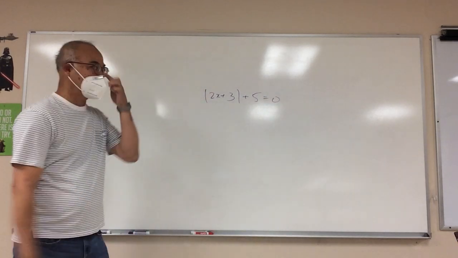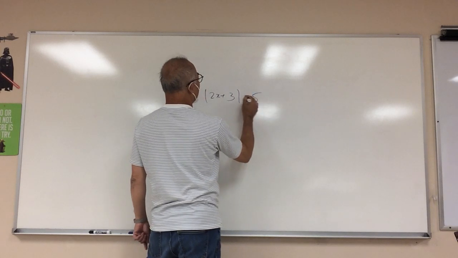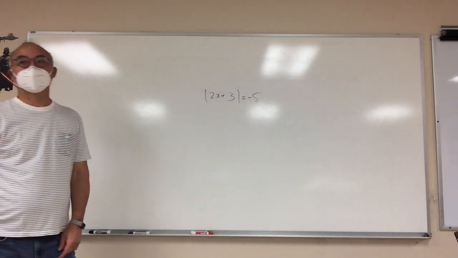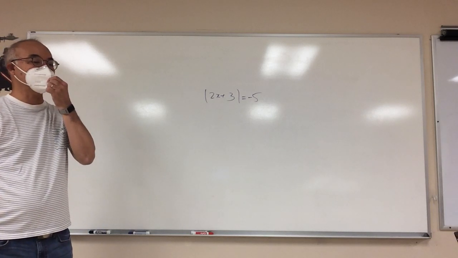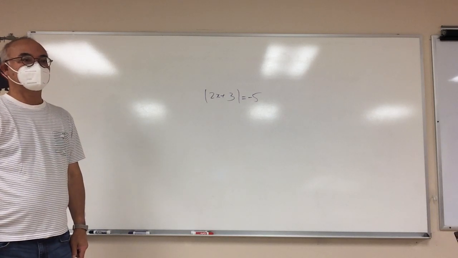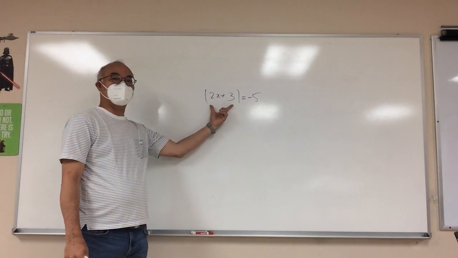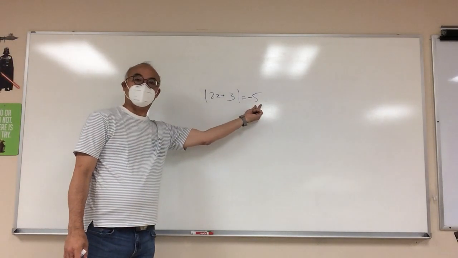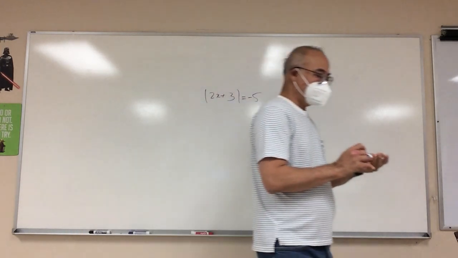It's D, because I move this over. I just move the 5 over to the other side. Oh, okay. It's impossible. So now I have an absolute value that is negative. When is this going to happen? Never. So the answer is never.